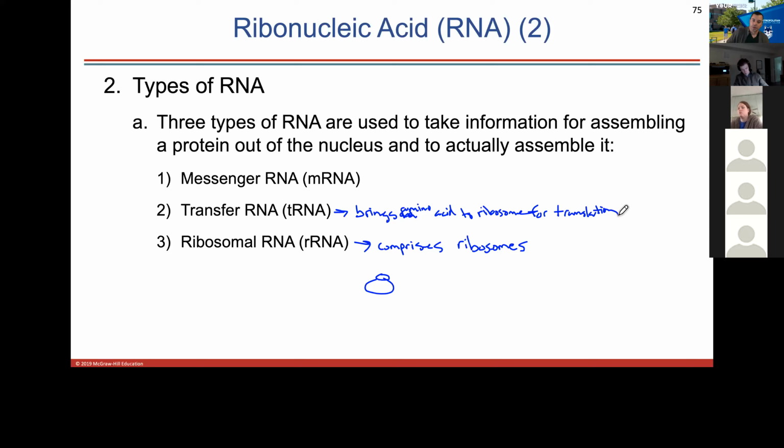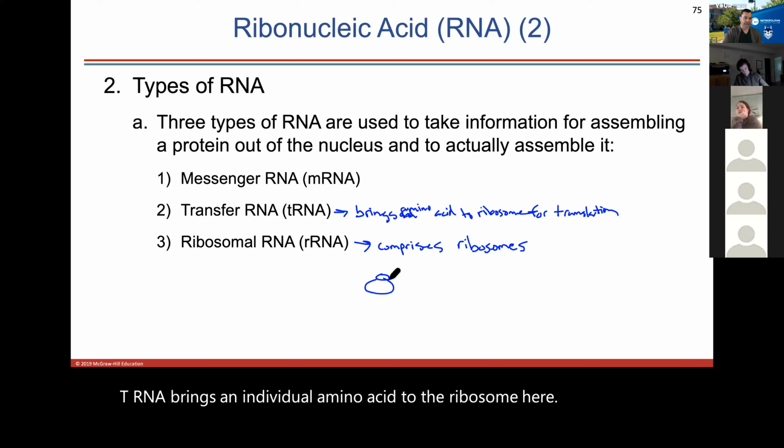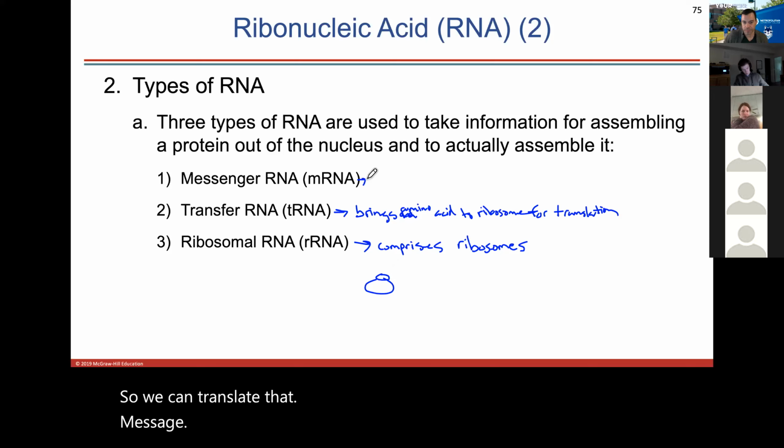Okay. tRNA brings an individual amino acid to the ribosome here, so we can translate that message.